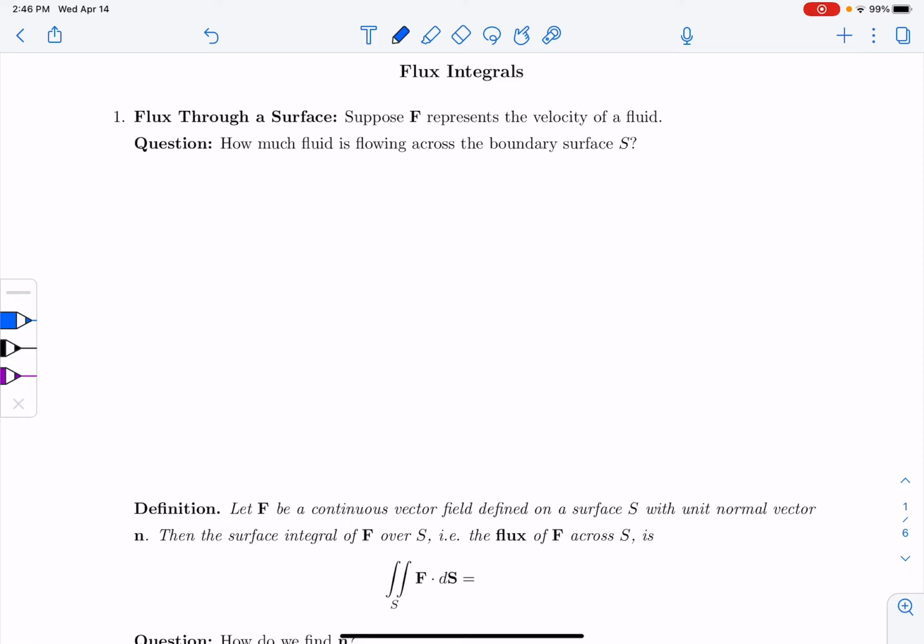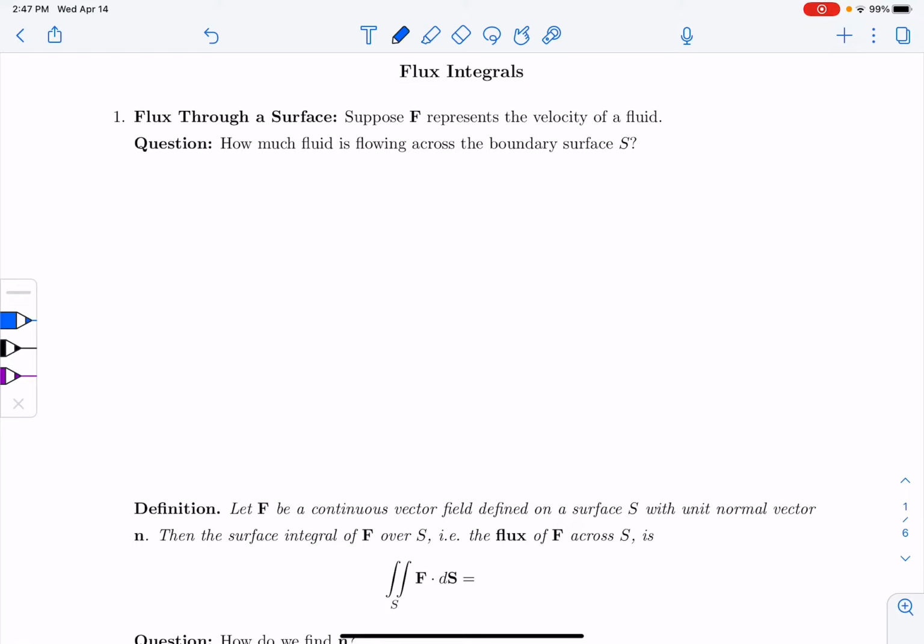Then the flux is going to be how much fluid is flowing across the boundary of some surface S. So our goal is to construct a surface integral that is going to represent the amount of fluid that flows across the boundary of a surface, and we call that the flux.